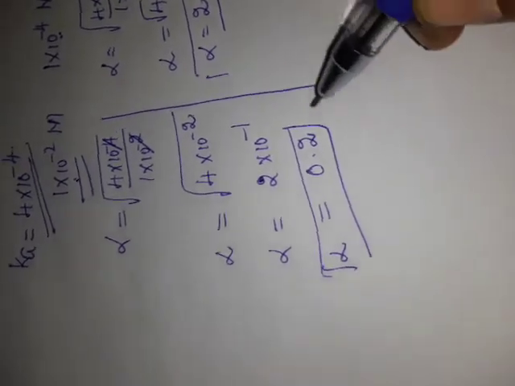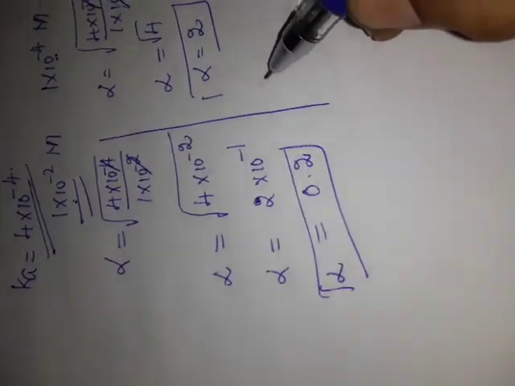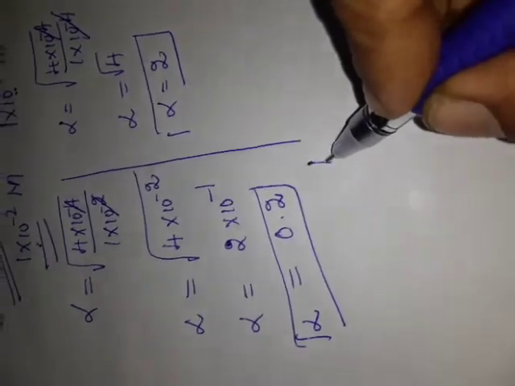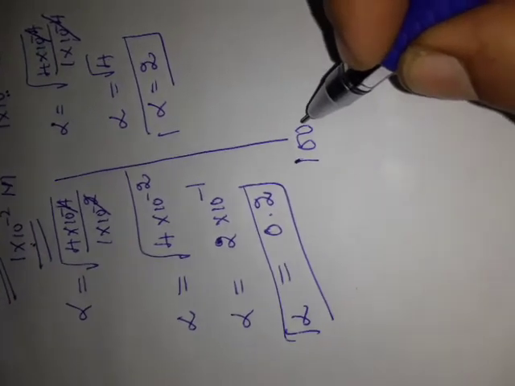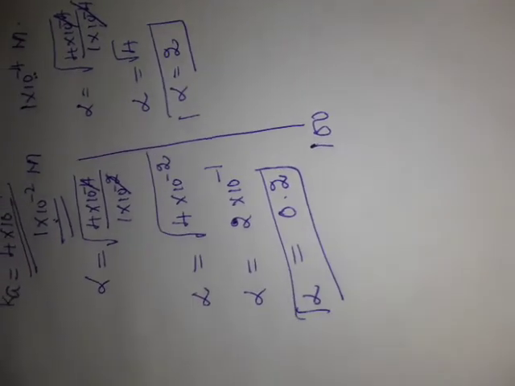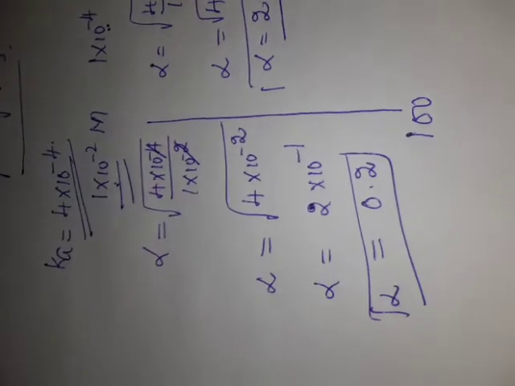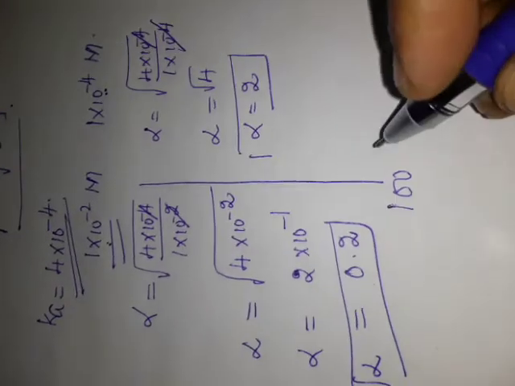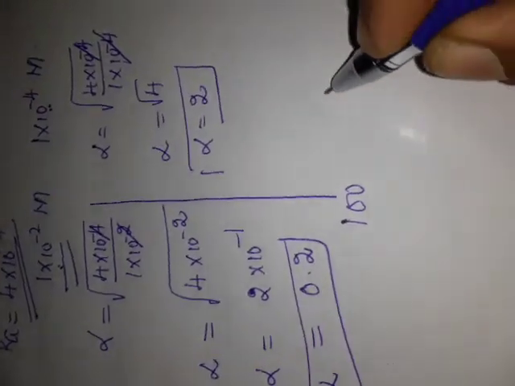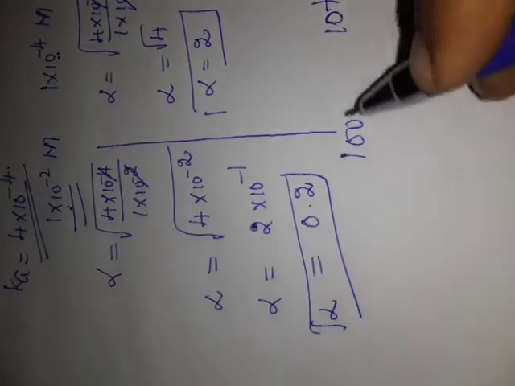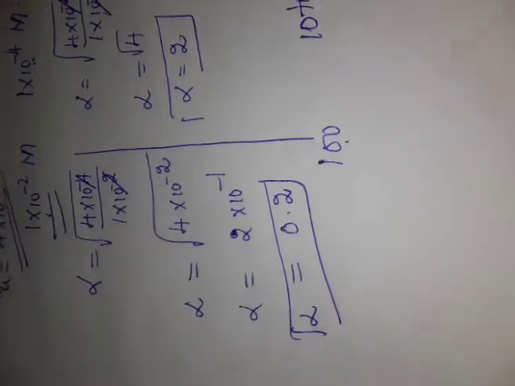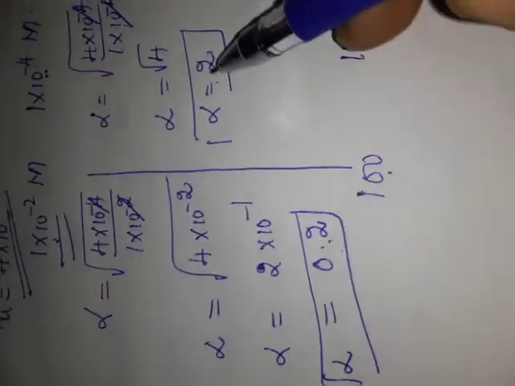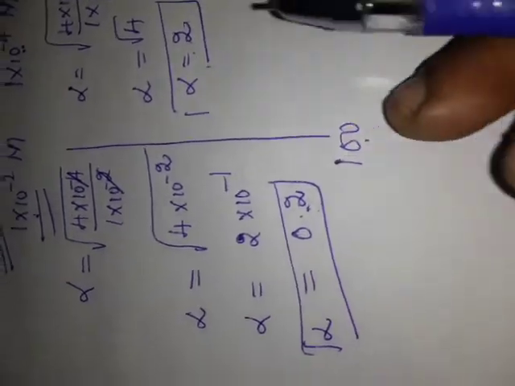So from this, what do you understand? When the dilution increases by 100 times, the concentration decreases from 1 into 10 power minus 2 M to 1 into 10 power minus 4 M. That is, the dissociation increases by 10 times. When dilution increases by 100 times, dissociation increases by 10 times when comparing the two, 0.2 to 2.